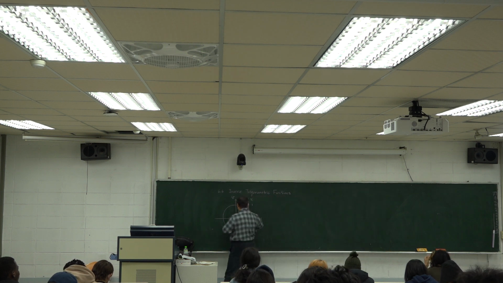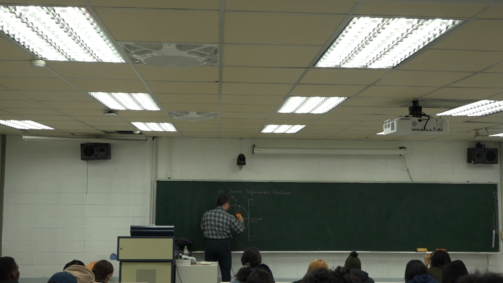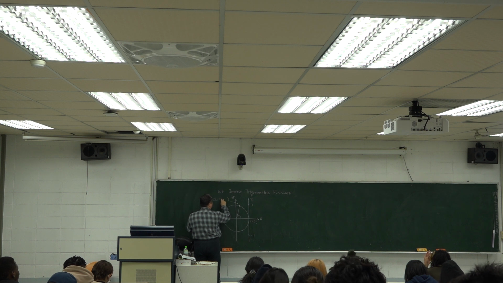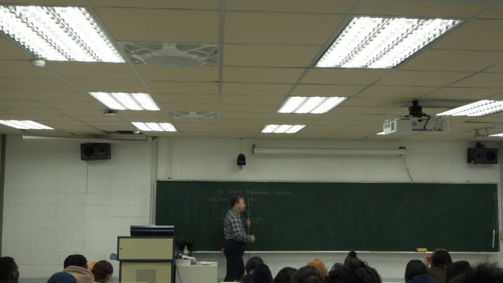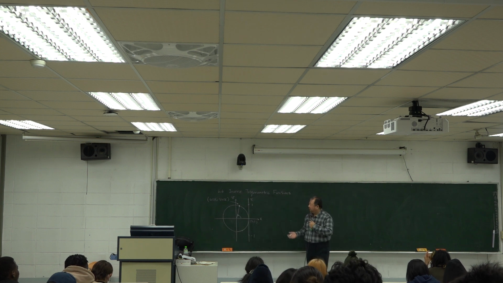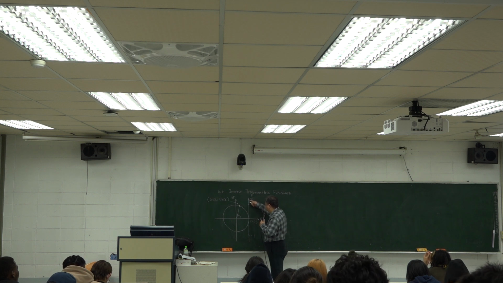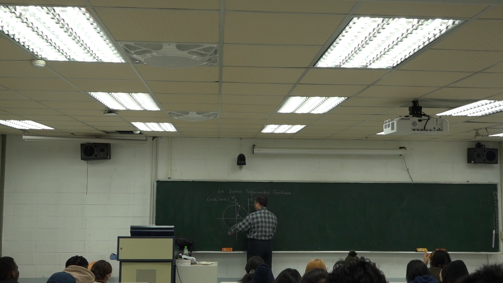The first component is called cosine x, and the second component is called sine x. This is a way to define sine and cosine. So for an arbitrary real number x, using this process, we can find cosine x and sine x.